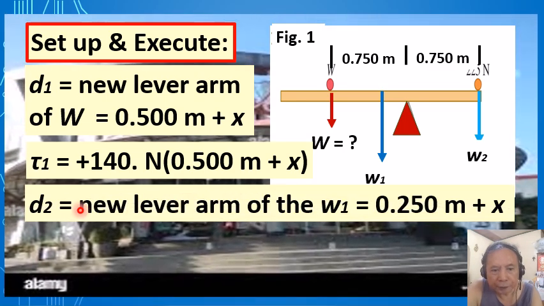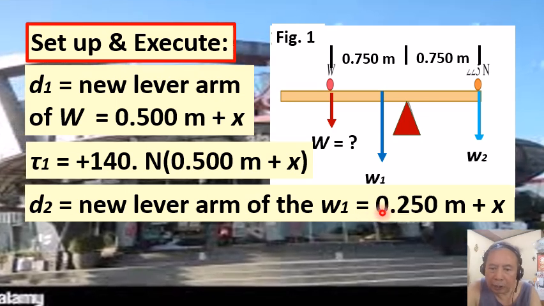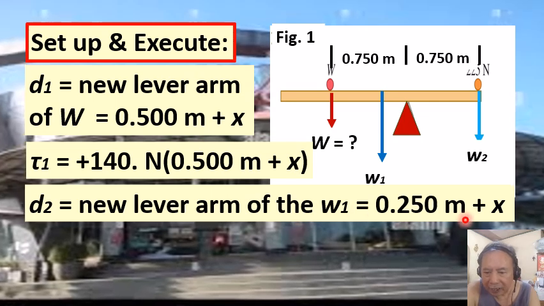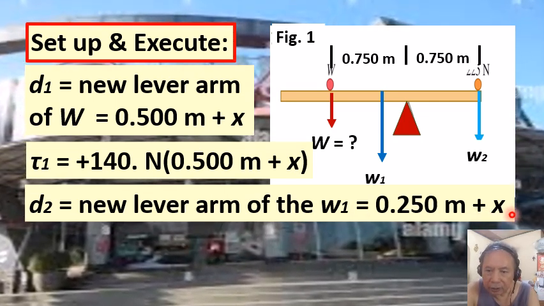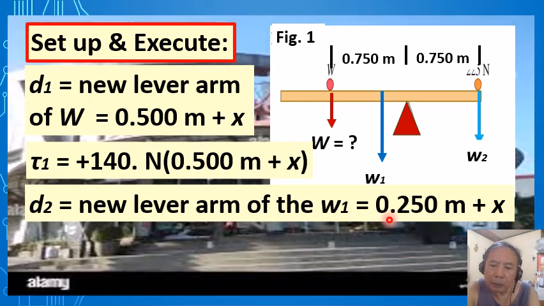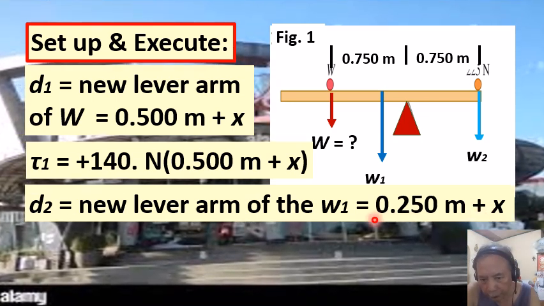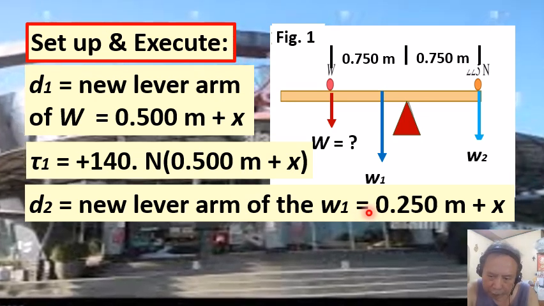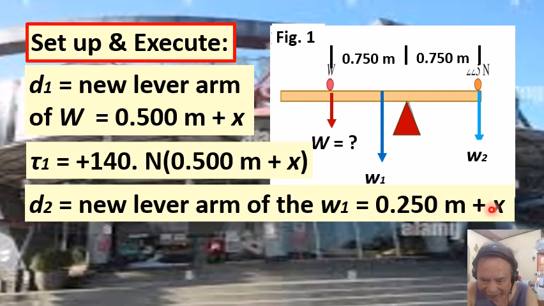Now, for the new lever arm of the weight W sub 1, we just add the distance x to the original moment arm of W sub 1 relative to the fulcrum. So the new lever arm of W sub 1 is now expressed as 0.250 meters plus x.